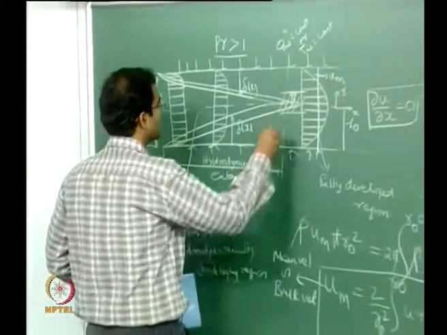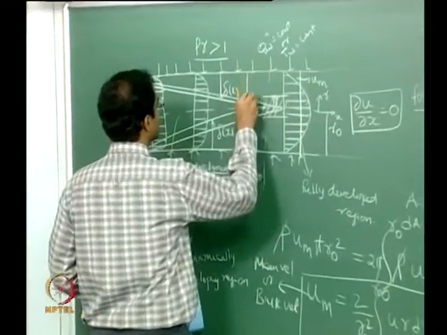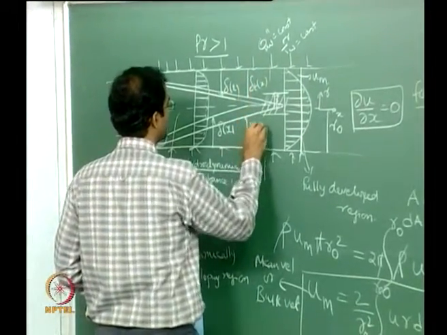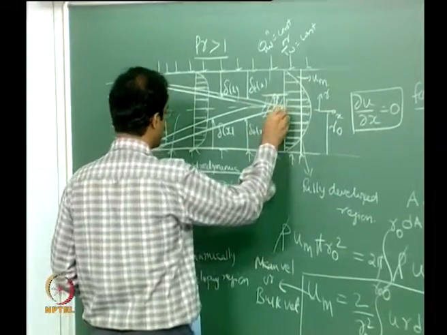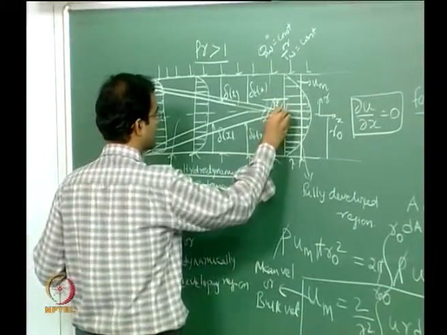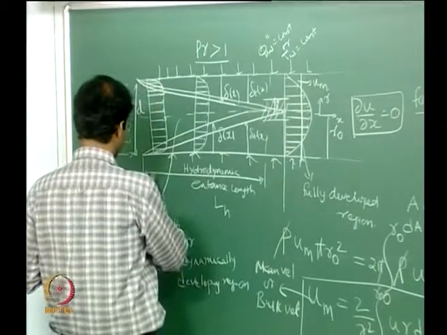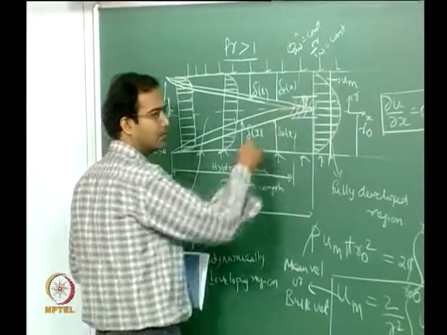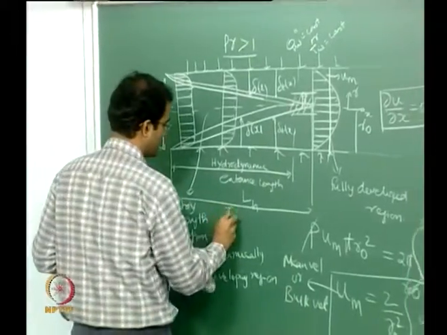Somewhere they will be merging here. So this will be my delta T x. Similar to the hydrodynamic entrance length, I can also define what is called the thermal entry length, the point where the two thermal boundary layers merge.